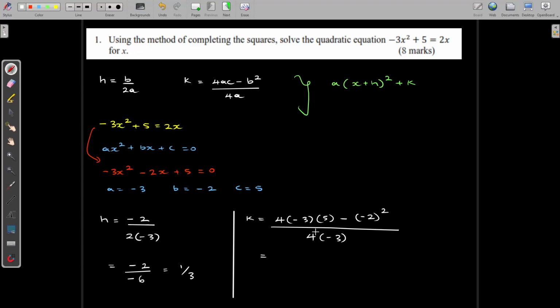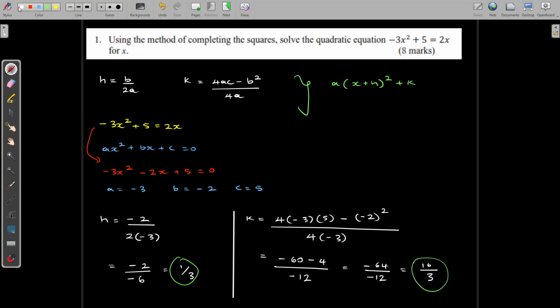When we simplify this, 4 times 5 is 20, times negative 3 is negative 60, and that's minus 4, over negative 12. So k is equal to negative 64 over negative 12, which works out to 16 over 3. So this is what k is equal to, this is what h is equal to. So this is h and this is k.